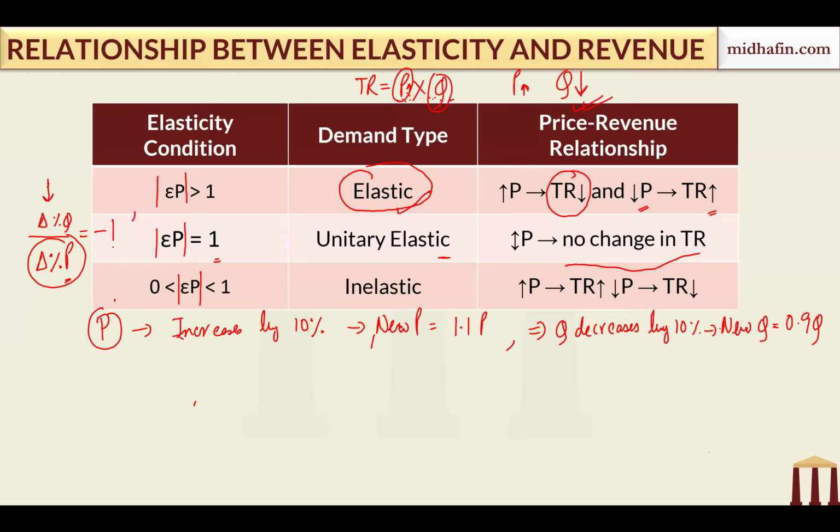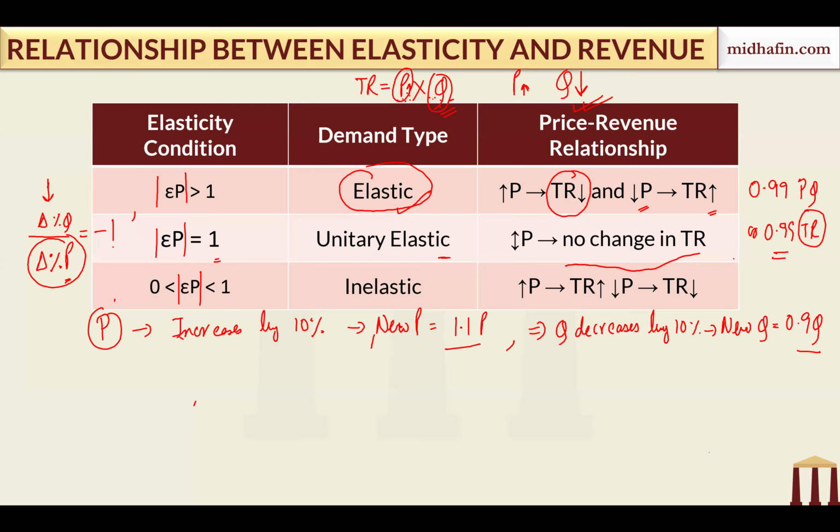If you multiply 1.1 P and 0.9 Q, how much are you getting? 0.99. Exactly. You get 0.99 PQ, or 0.99 TR, because PQ was equal to total revenue. Is it the same as the previous TR? No, it is now different. It is not TR, but 0.99 TR.